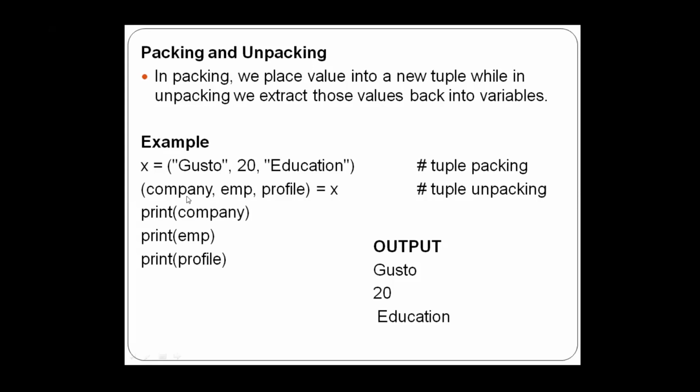Now I'm giving the names here: company, employee and profile is equal to x, which means that the values will be copied from x. So your first line is called packing and your second line is called unpacking. Your first line is where values are placed inside your tuple, so that is called packing, and in the second line the values are removed from a tuple and placed into variables, so it is called unpacking.